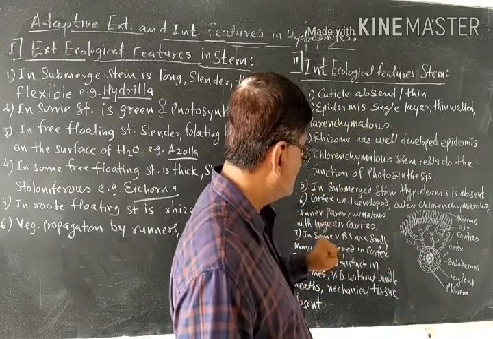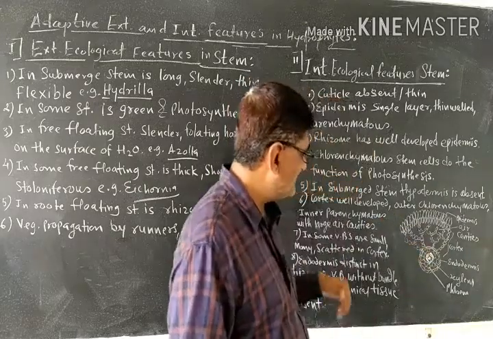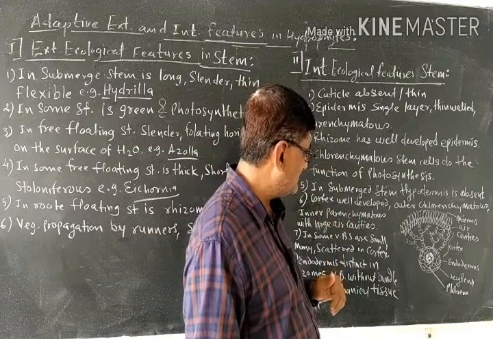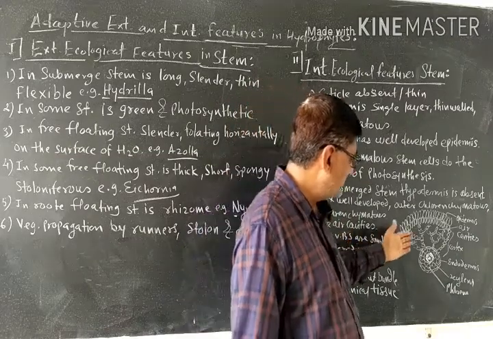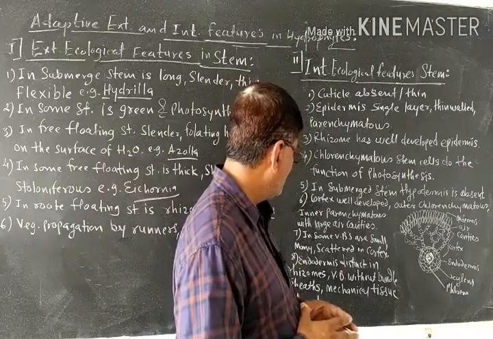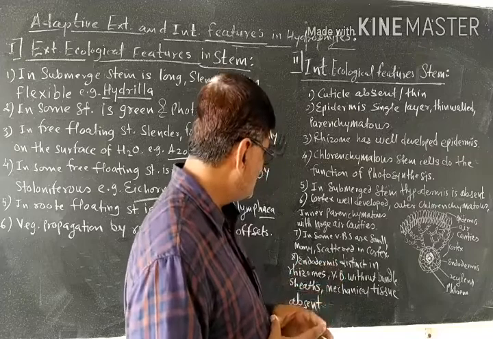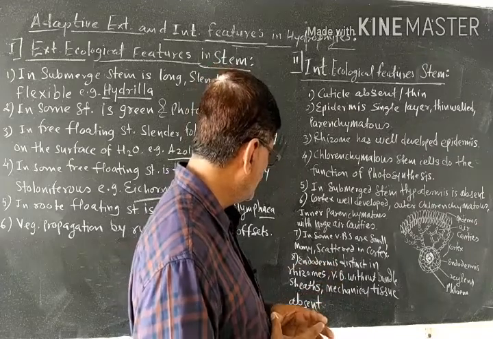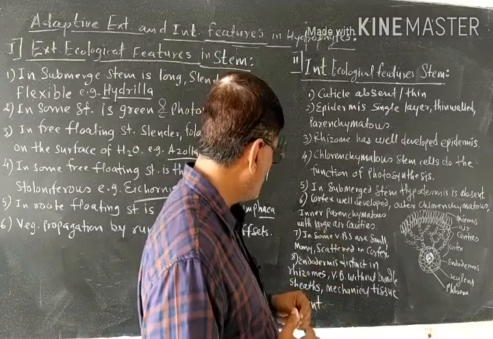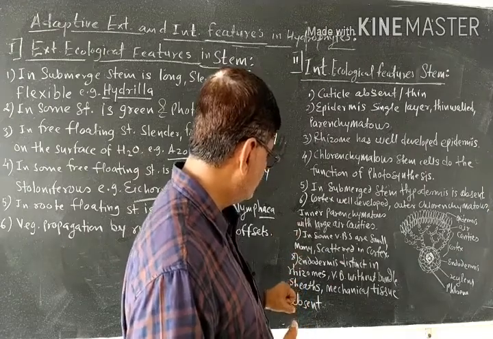The cortex is well developed, and is also categorized as outer cortex and inner cortex. The cortex shows a large number of air cavities or aerenchyma, and these help in buoyancy, for floating the stem on the surface of the water, and also for the exchange of gases.